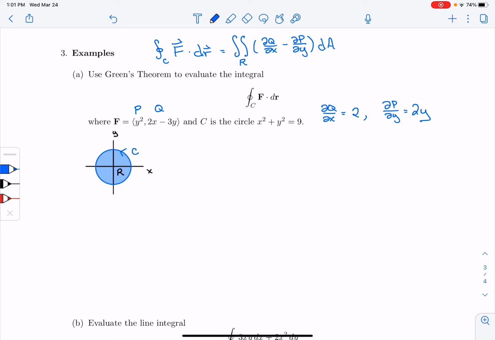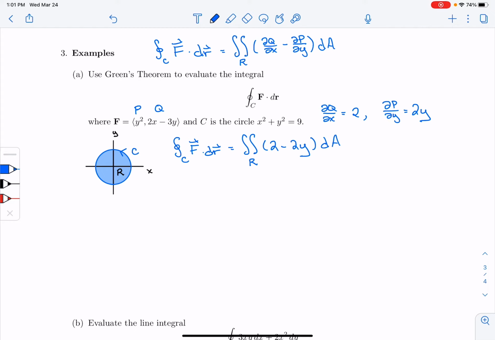So instead of doing this line integral of F dot dr, I'm instead going to consider the integral over that circular region R of 2 minus 2y, so that's dQ/dx minus dP/dy, dA. And so what's in the integrand is much simpler in this case, because taking derivatives of P and Q has made this function that I need to integrate more simple.